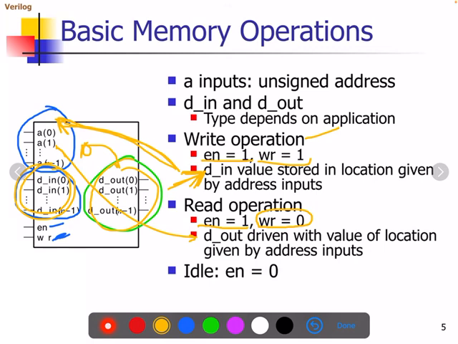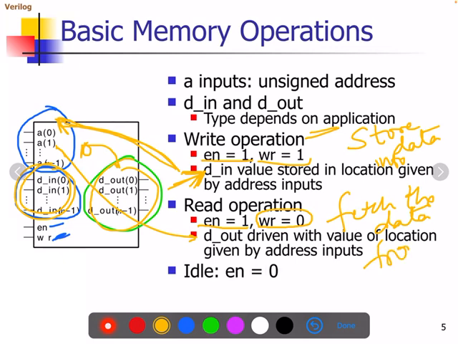So these are the two operations that will be done in memories: write and read. Write stores the data into the memory. Read fetches the data from the memory specified by the address A. These are the two basic operations done using memories.